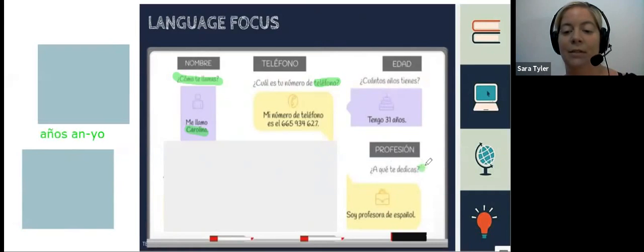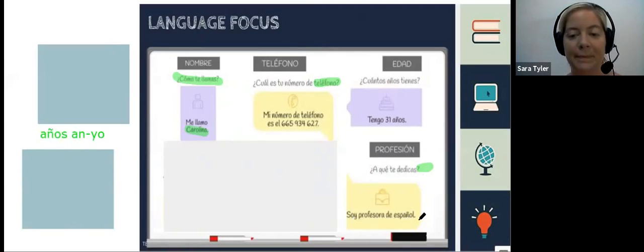This is something you definitely want to remember. ¿A qué te dedicas? When they say ¿a qué te dedicas?, they're asking what do you dedicate yourself to? So yes, it has the meaning of your job, but they're saying it in a very different way than we would say in English. And the answer here is soy profesora de español.